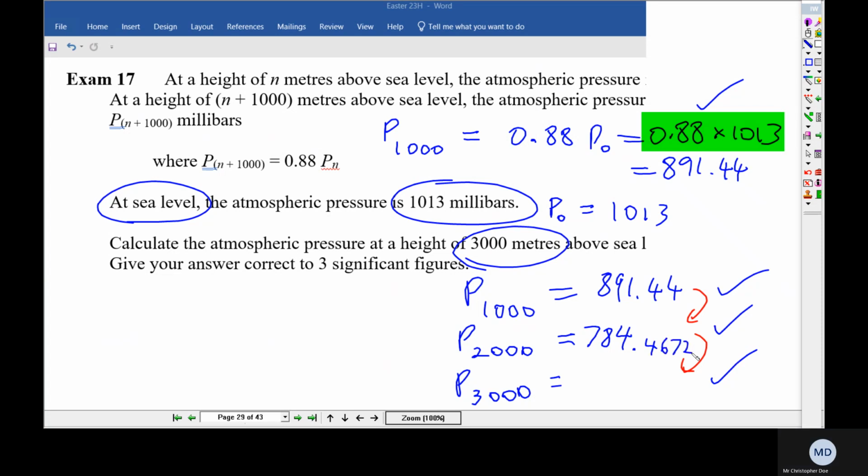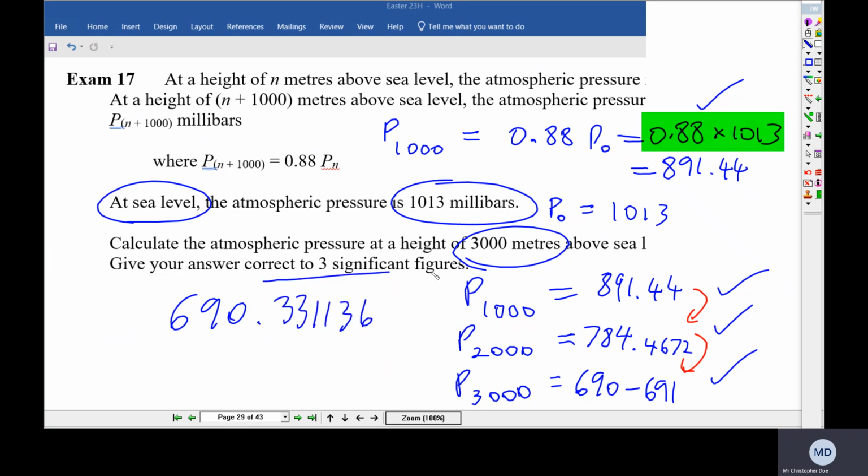Mark for that. Your final answer, depending on whether you rounded that down to 784 or 891, could be anything between 690 and 691. If you didn't do any rounding, you would have got 690.331136. Round to 3SF gives you 690. The mark scheme would accept anything between 690 and 691.